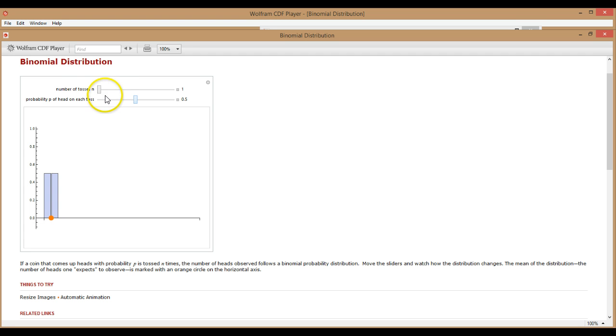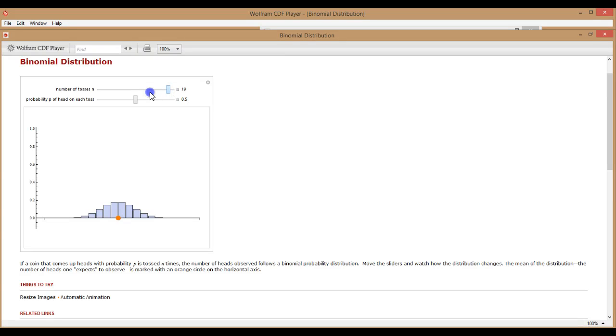So it's 50-50%. As you increase the number of trials, it looks very symmetrical, right? And we're going to talk about this later today. That's called the normal distribution. So if you increase the number of trials of a binomial distribution, you're going to get something called the normal distribution, which is the single most important distribution in statistics.